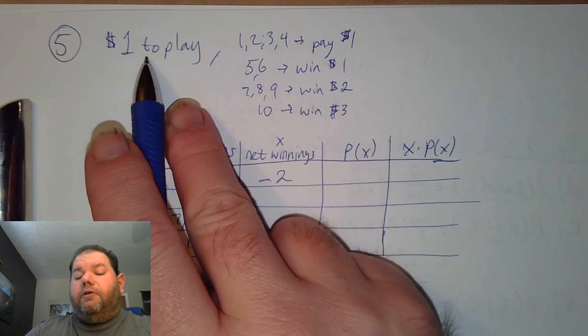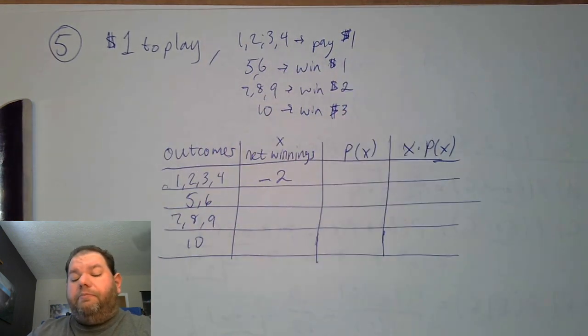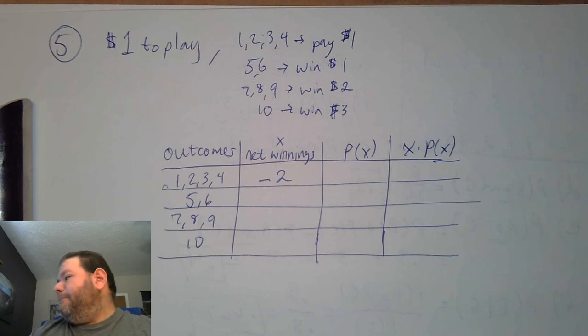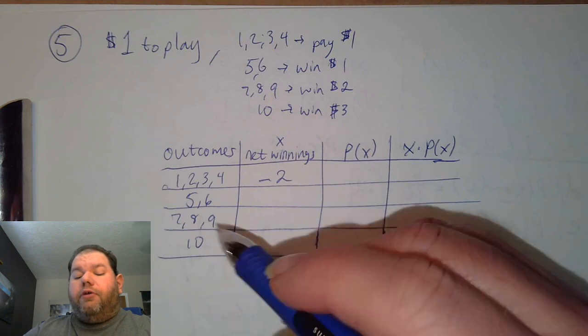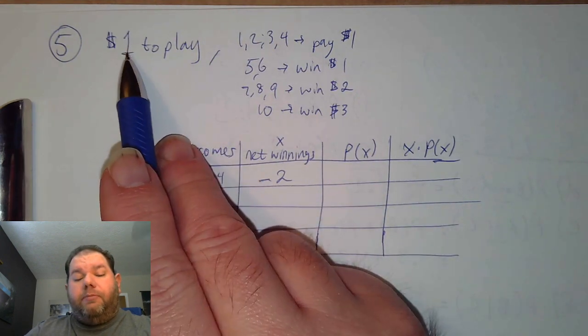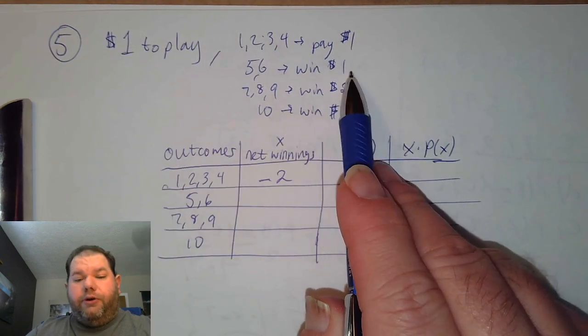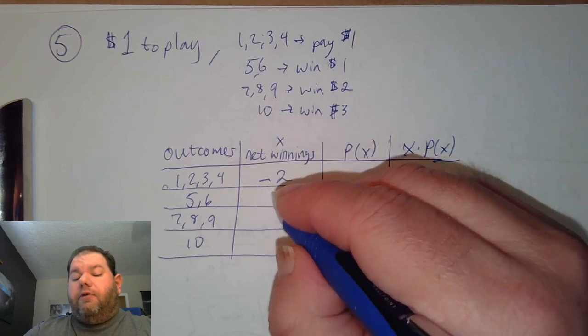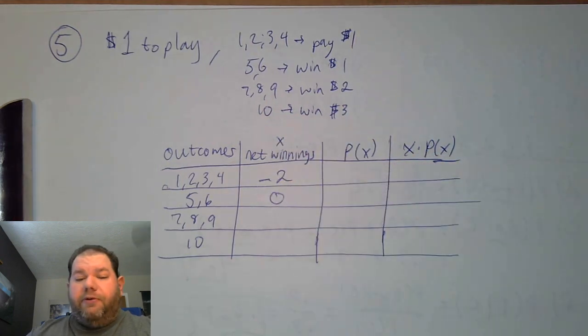We lost $1, then we lost another $1. If we draw the 5 or the 6, we paid $1 to play, and then we won $1. So overall, we're right back where we started. We neither have more nor less money than we began with. Paid $1, then we got it back. So our net winnings are actually 0 in that case.